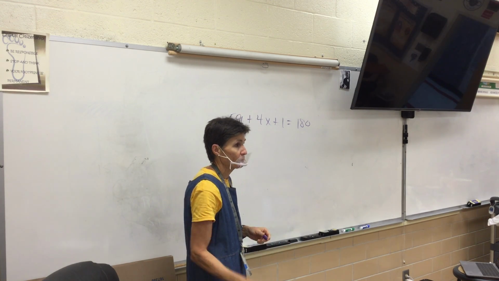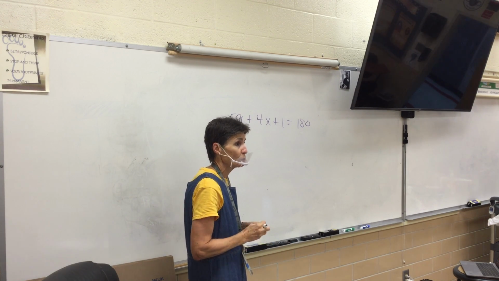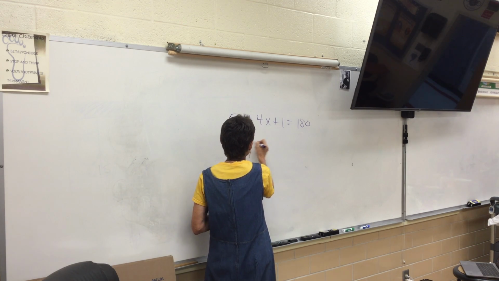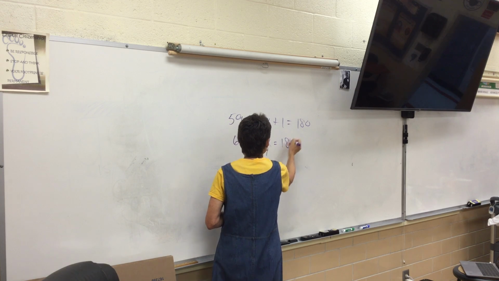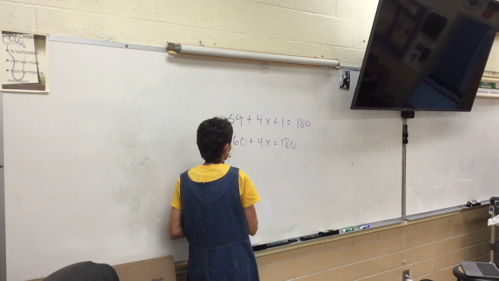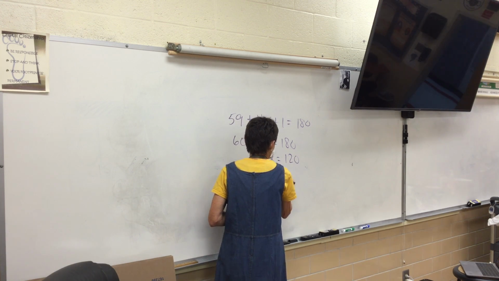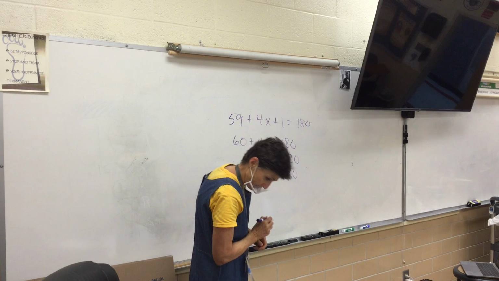That would be 60 plus 4x equals 180, if I combine these two. So subtracting 60, and I hope I said x was 30. Yep.